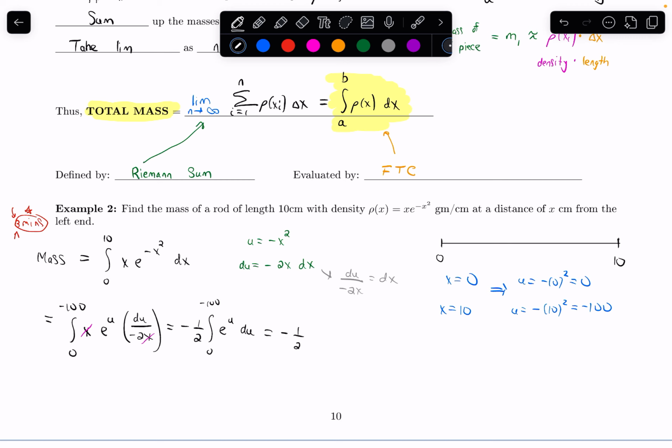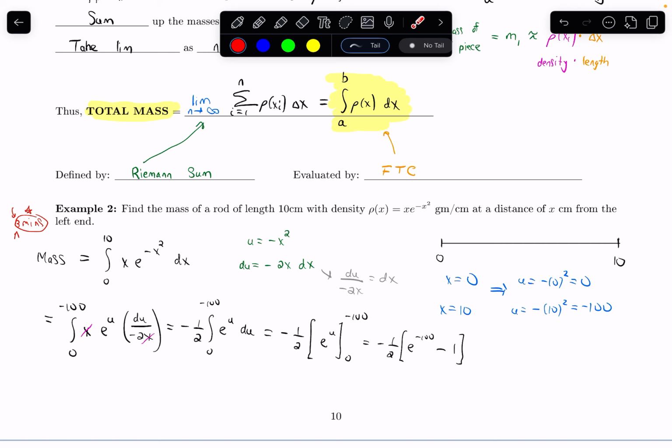I have negative 1/2 times e to the u, the antiderivative of e to the u, plugging in 0 and negative 100. If I plug in negative 100, I get negative 1/2 times e to the negative 100, minus what I get when I plug in 0, which is 1. So I'm getting this for the mass.